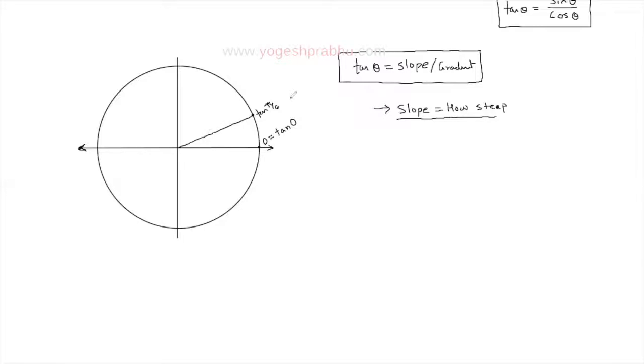The slope of this line is 1 divided by root 3. So it's 1 by root 3. You can just remember this. Then the slope of this line, which is a 60-degree line, is tan of pi by 3, and this slope is just root 3. The slope of 45 degrees, or tan of pi by 4, is just 1.